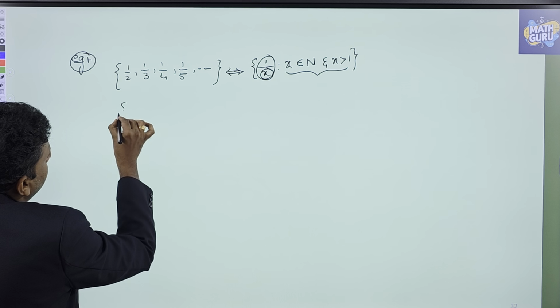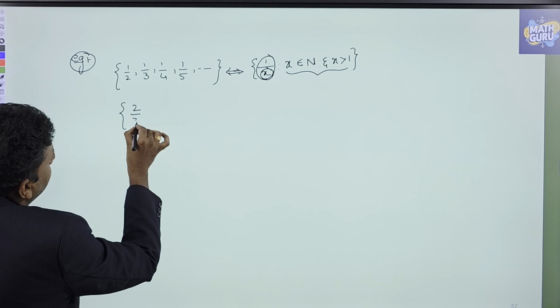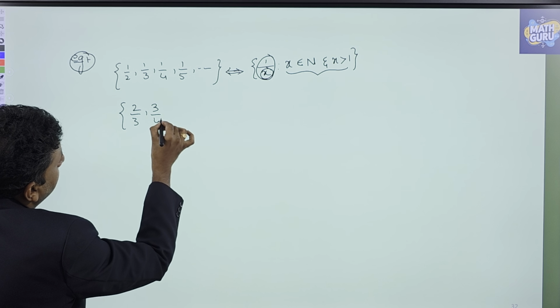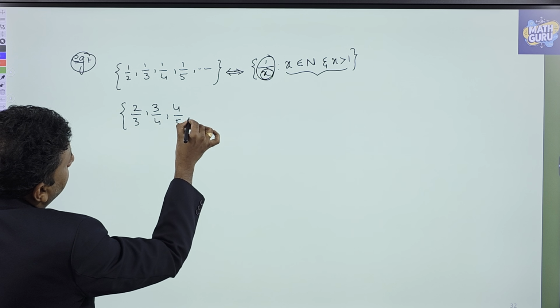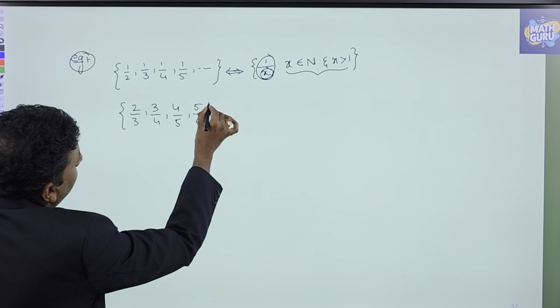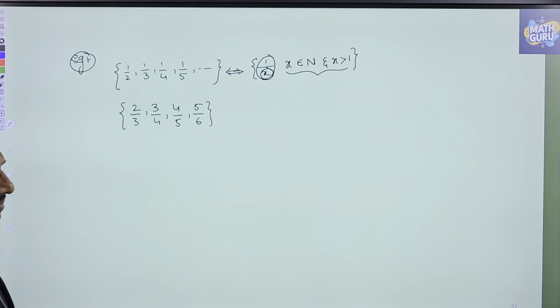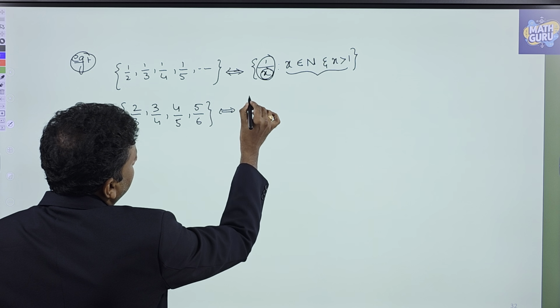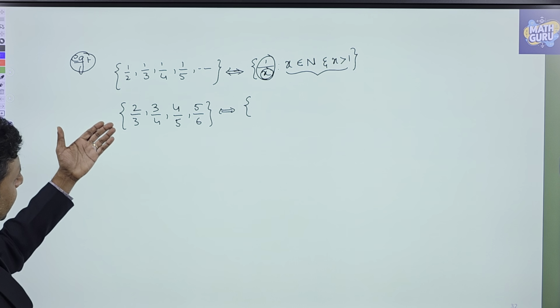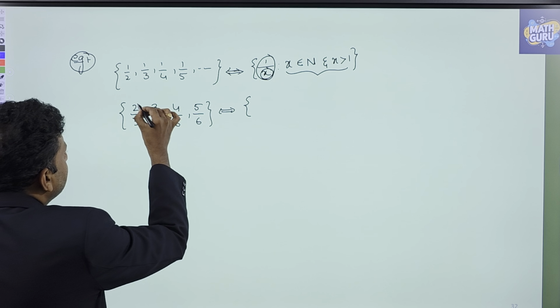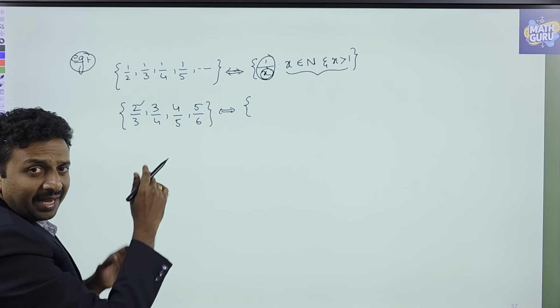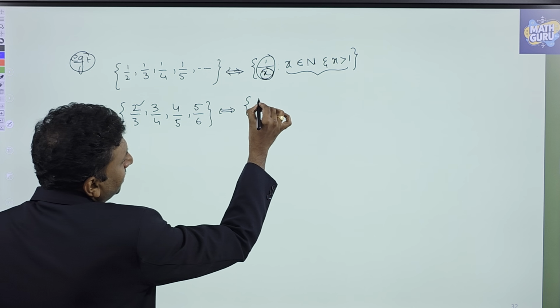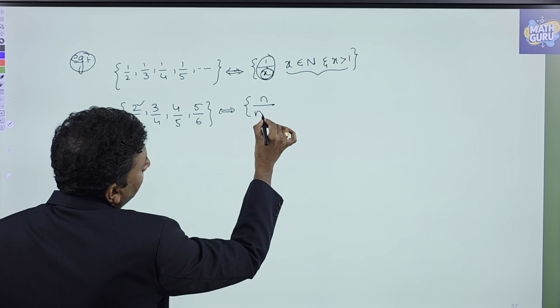For example, let us look at 2 by 3, 3 by 4, 4 by 5, 5 by 6. Let us say that there are 4 elements in this. So what is the set builder form that you can write? So clearly the elements are of the form a number by the next number. So you can think of this as n by n plus 1.